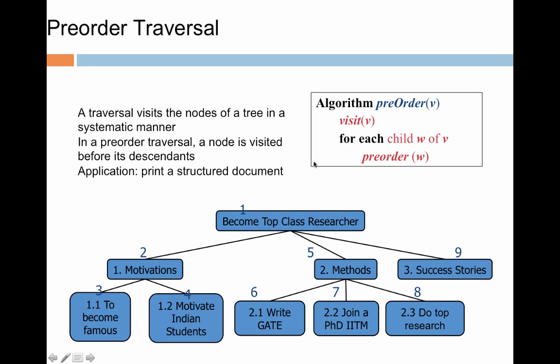This tree is probably interesting for any of you who aspires to be a top-class researcher. If you want to become a top-class researcher, your motivation has to be to become famous, or maybe to motivate Indian students. You want to not only become famous, but also motivate Indian students. To become a top-class researcher, what are the methods?